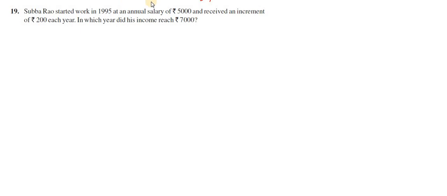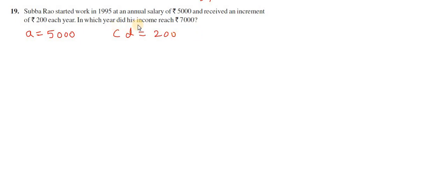Now he started with the income, and this is in the form of an AP. The first term a is equal to 5,000. The increment received is nothing but the common difference, which is equal to 200.